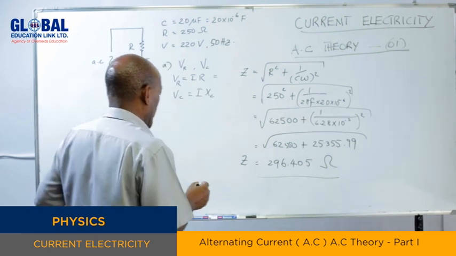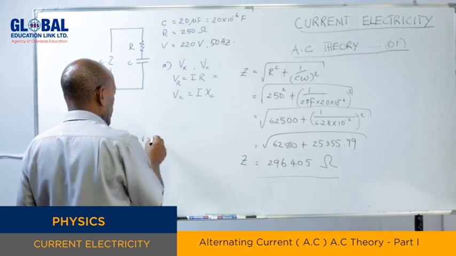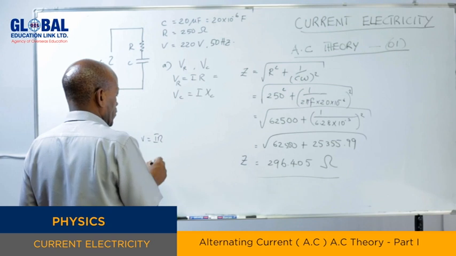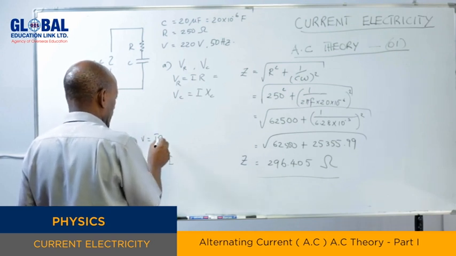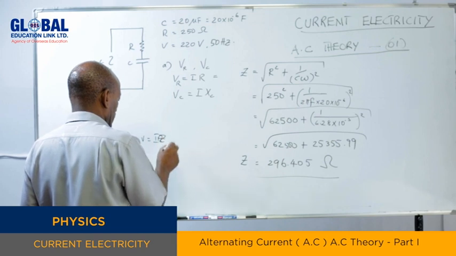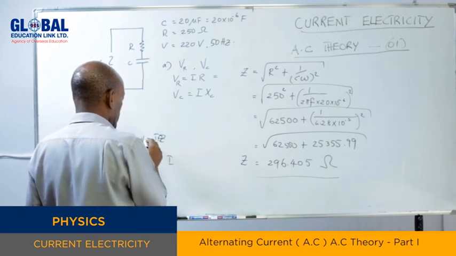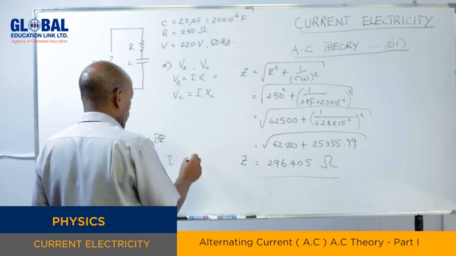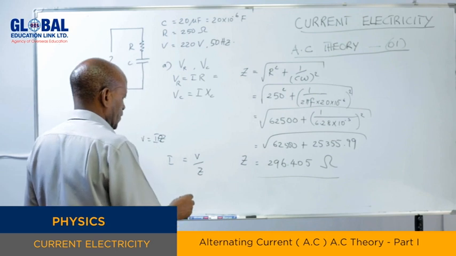To get the current, we all know from Ohm's law that V equals IR. Now instead of R, we use the impedance. So the current I will be equal to the voltage divided by the total impedance.